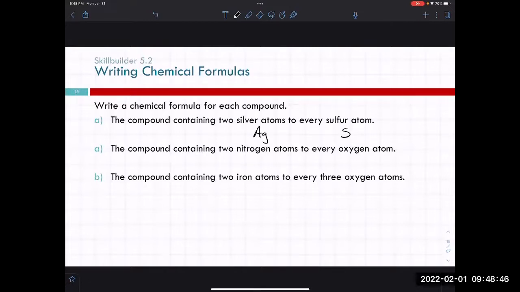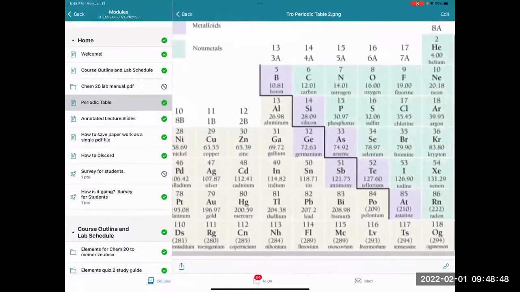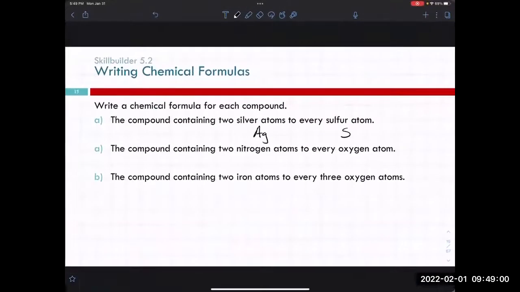Which one's the most metallic? Ag is truly a metal, and sulfur is up here. It's a nonmetal. So this would be 2 silver atoms, so we'll get Ag2 to every sulfur atom. So Ag2S.